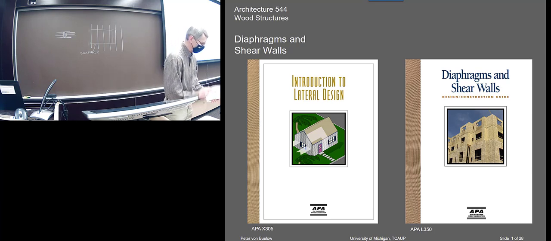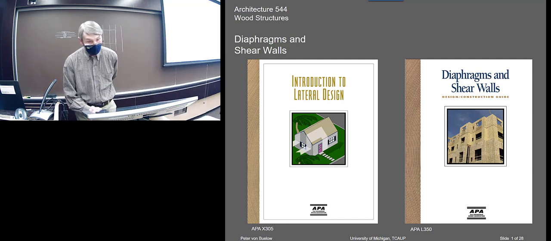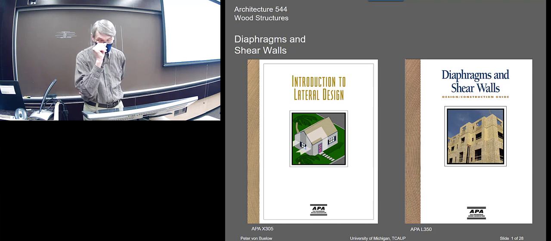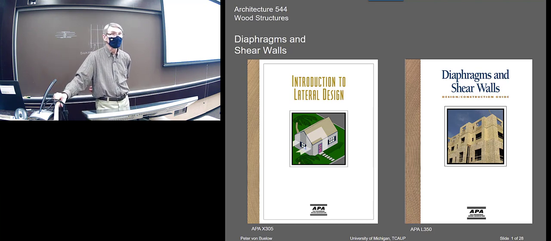So these are both APA literature. You can see most of this literature is APA, which is the Engineered Wood Association. They obviously used to be the American Plywood Association, but then as it expanded well beyond plywood, OSB and everything else, they didn't want to limit their name to American Plywood.